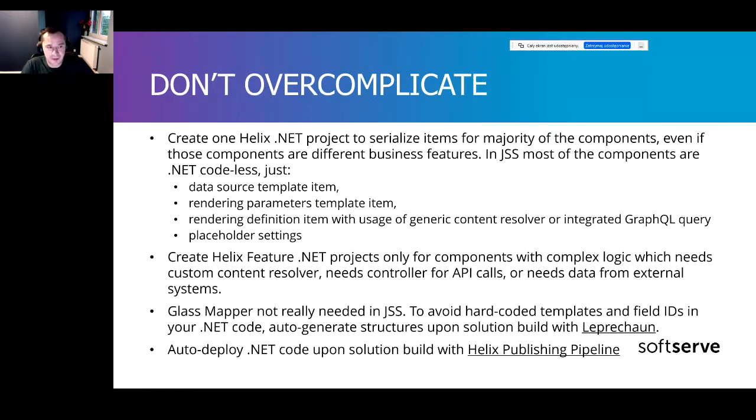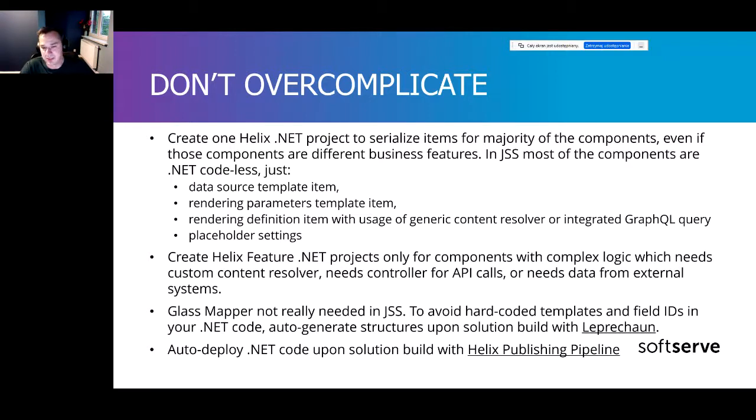Okay, and a few more tips. In our case, we created one .NET project to serialize the items for the majority of the components. It really doesn't make any sense to create a feature project per component, or even for bigger functionalities, if all you need is some generic content resolver and the rest are items.